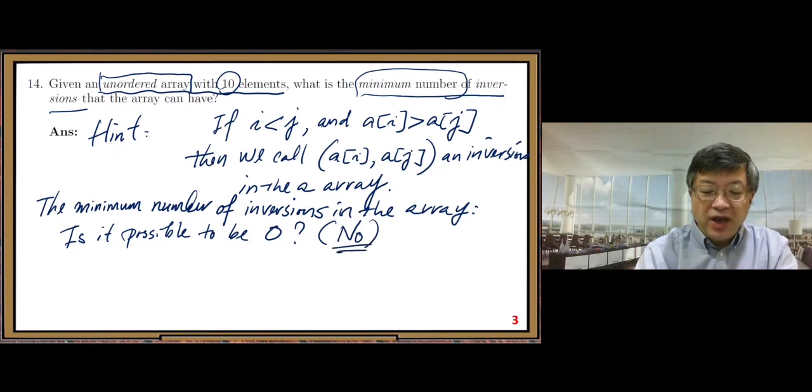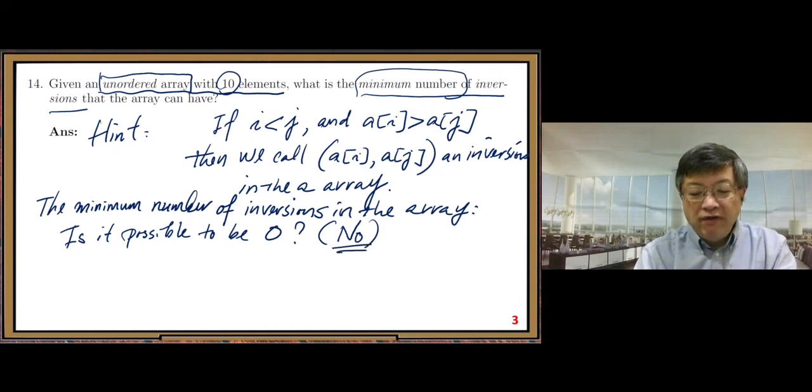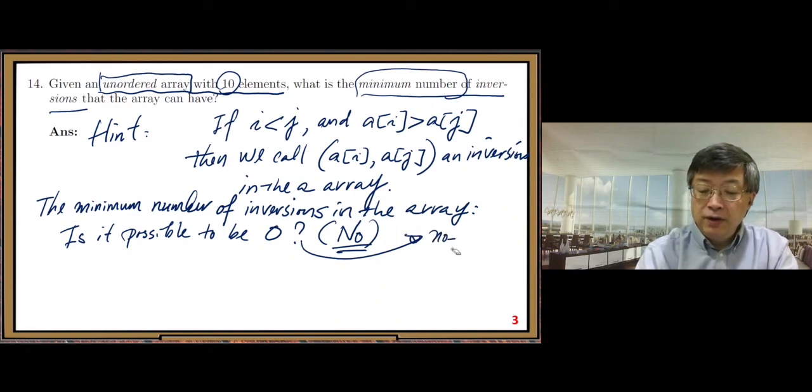Why? Because if the minimum number of inversions equals 0, then there is no inversion, right? So no inversion in this array.